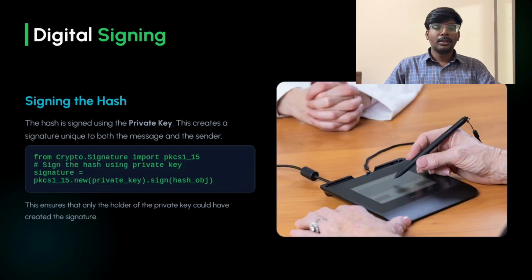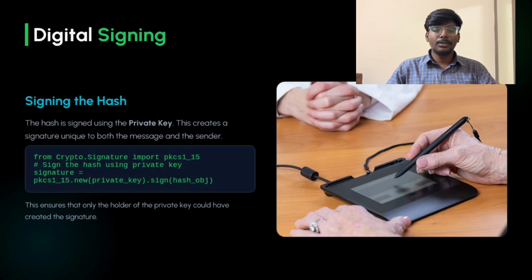Digital signing. In this step, we generate a digital signature. Instead of signing the full message, we sign the hash of the message using the sender's private key. In our code, this is done using the PKCS1_15 module, which implements the RSA signing standard.